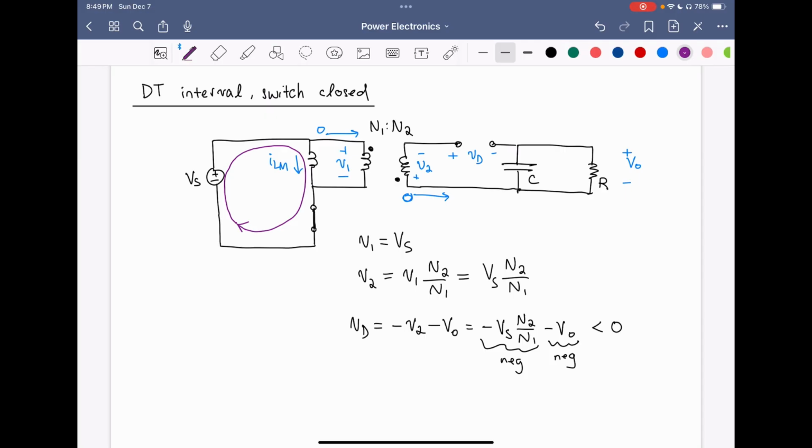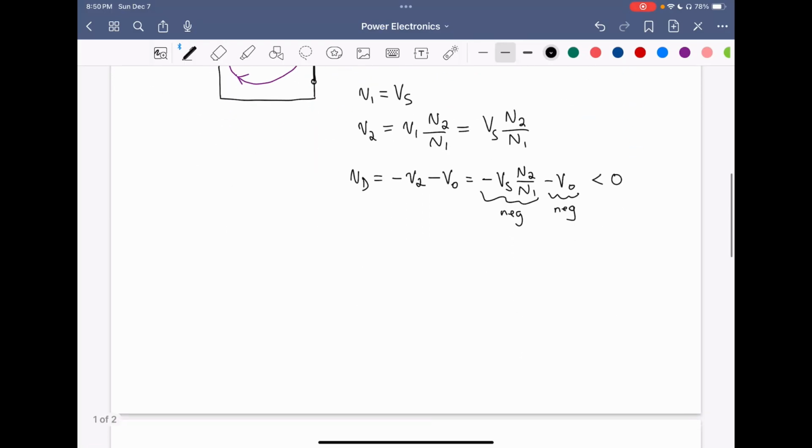Okay, now the next step is to analyze the circuit when the switch is open. And this is during our 1 minus D T interval, or the D prime T interval, with the switch being open.